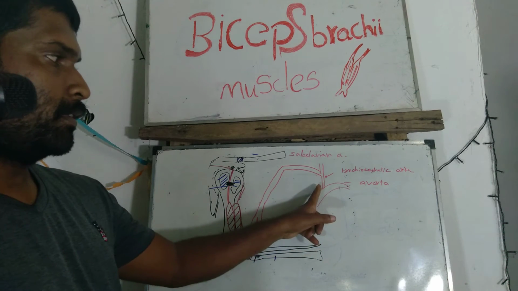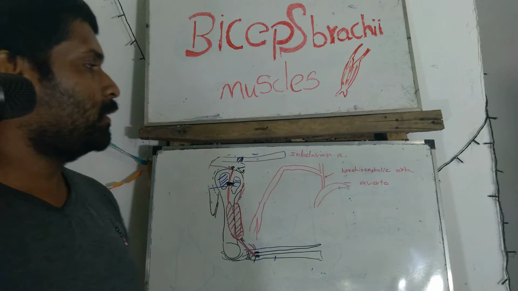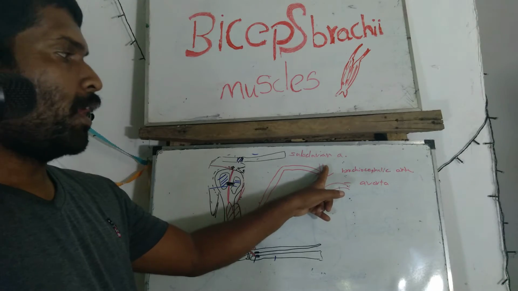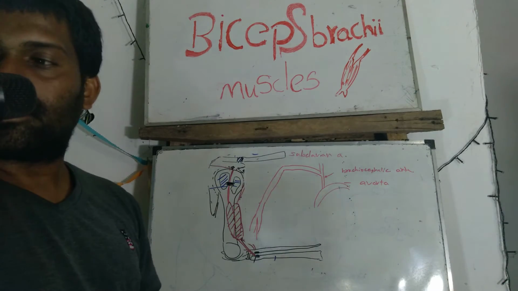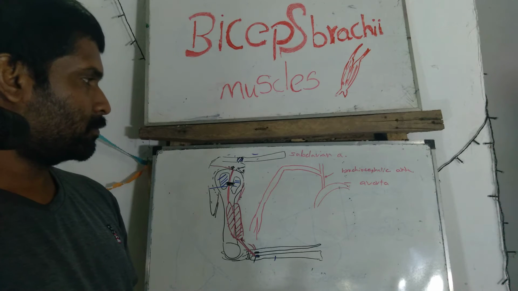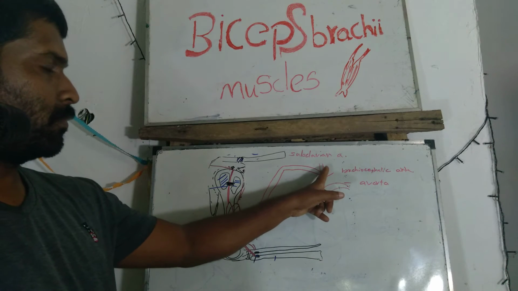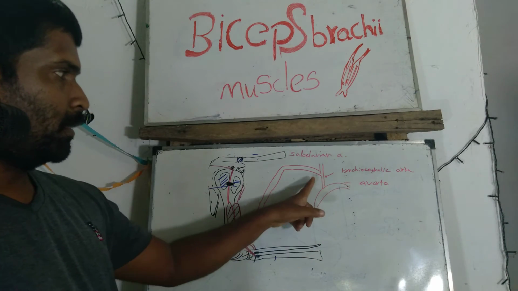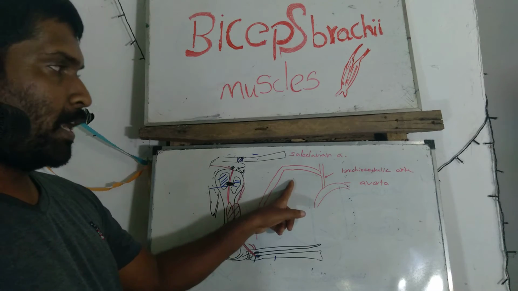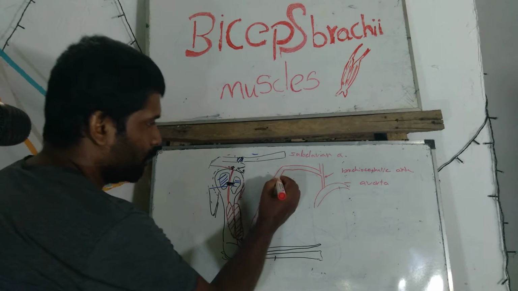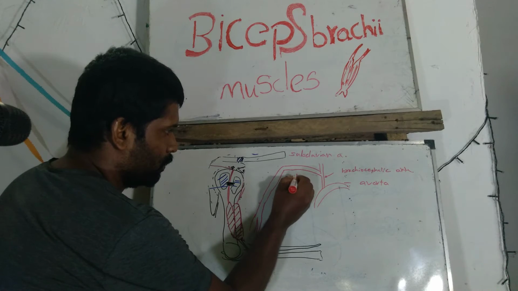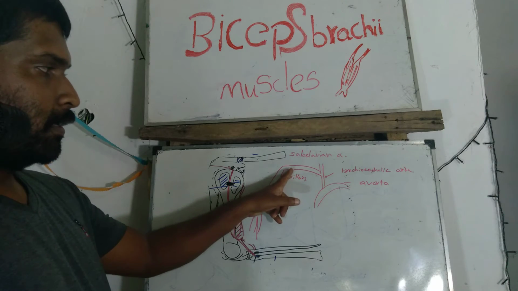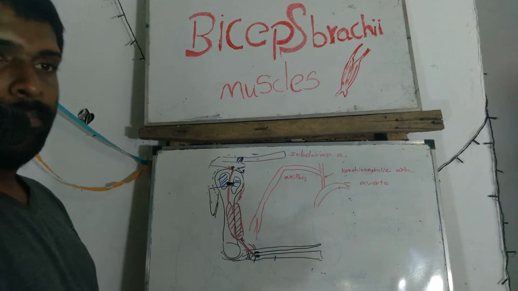From the aorta, upward is the brachiocephalic artery, then it divides into the common carotid and the right subclavian artery. The subclavian artery goes to the axillary artery, then the brachial artery.